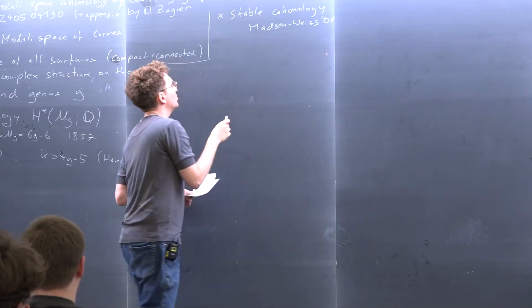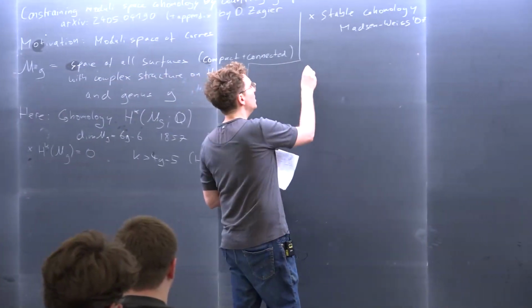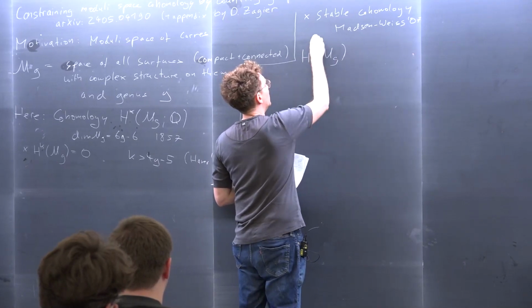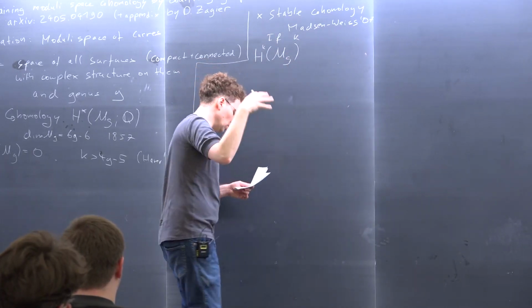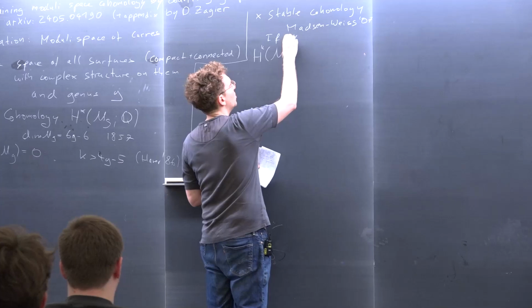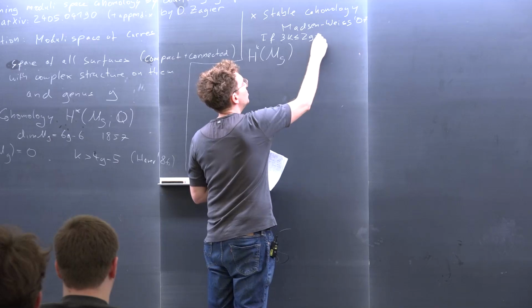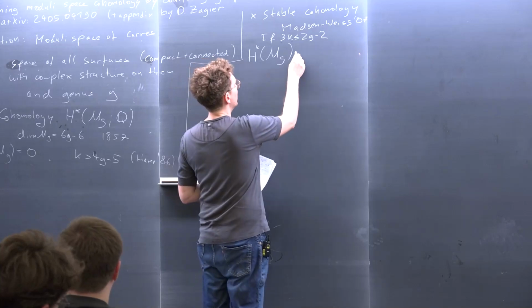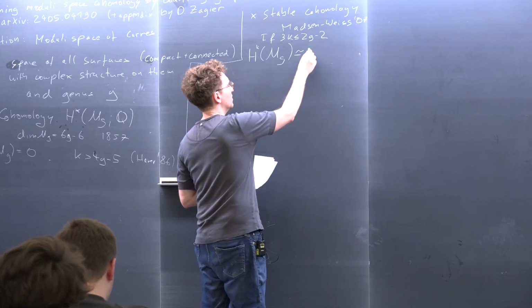But they proved, translated to this language here, that if the degree of the cohomology, so if k is small in comparison to g, so if we look into holes that have very low dimension compared to the genus, to the total dimension, so explicitly if 3k is smaller than 2g minus 2, then this cohomology stabilizes.